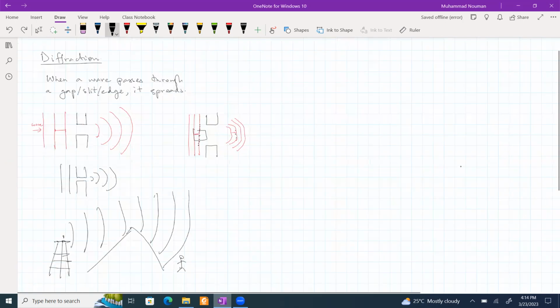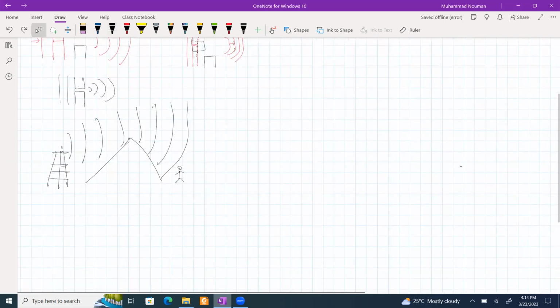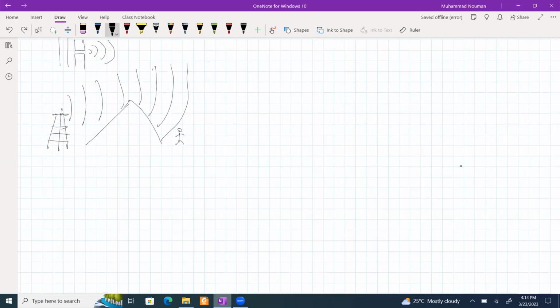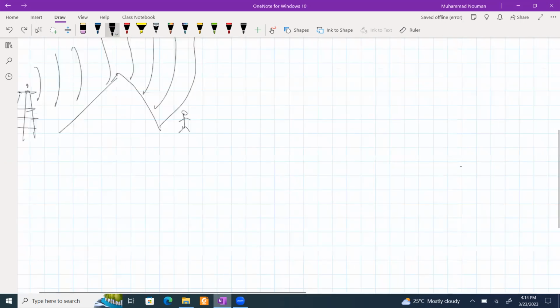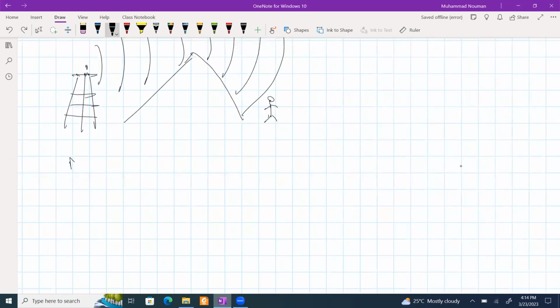So we studied diffraction. Now we are coming to a kind of equipment called a diffraction grating. What is a diffraction grating? Let me tell you.